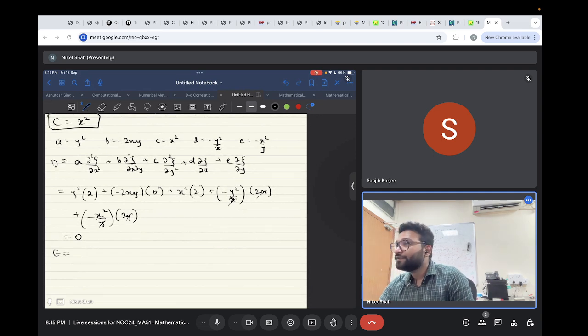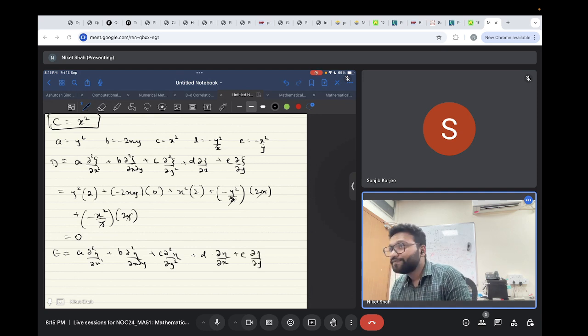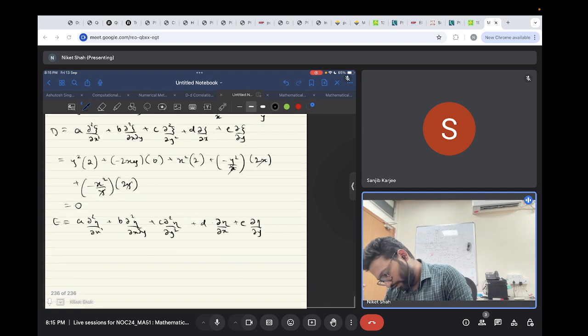Capital E: A into ∂²η/∂x² plus B into ∂²η/∂x∂y plus C into ∂²η/∂y² plus D into ∂η/∂x plus E into ∂η/∂y. Yes, this is it.